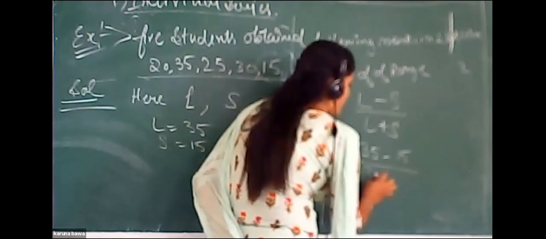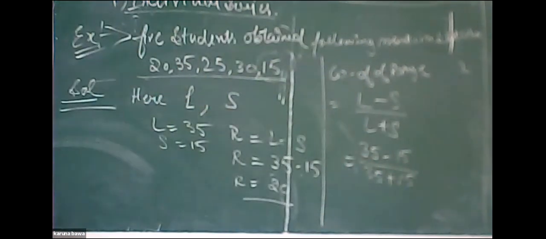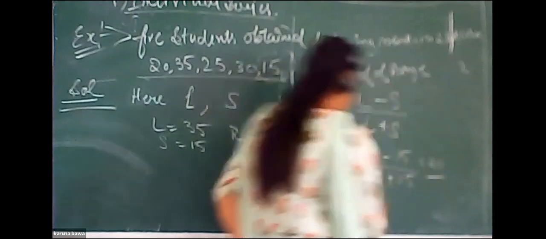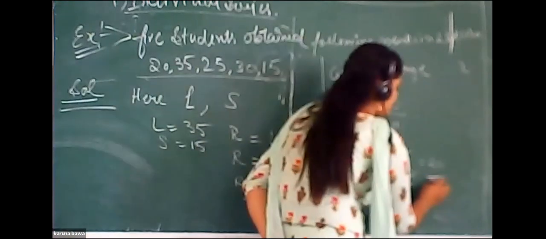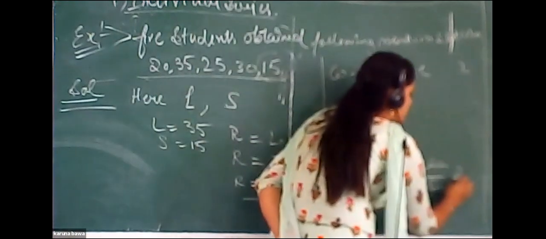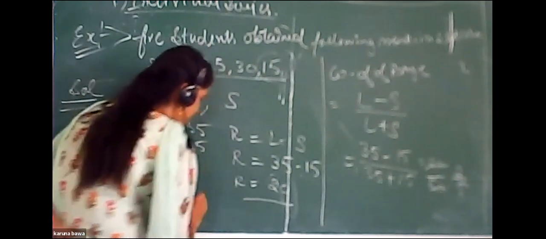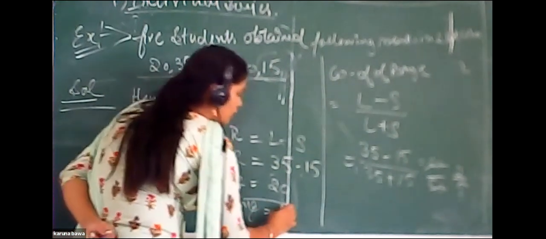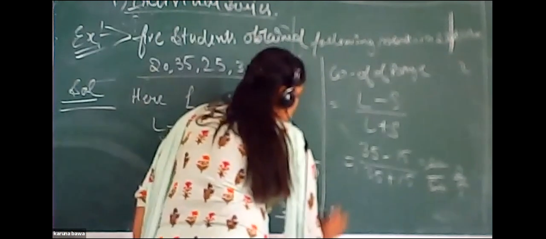So 35 minus 15 is equal to 20, and 35 plus 15 is equal to 50. So this is the coefficient of range, and the answer of the coefficient of range is 2 divided by 5. So this is the answer of the individual series.